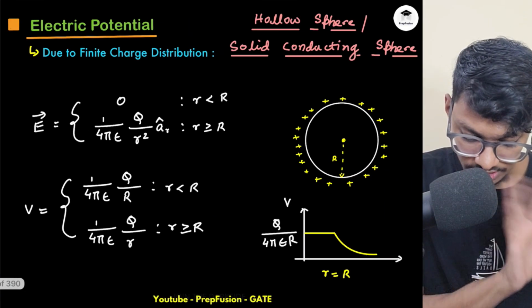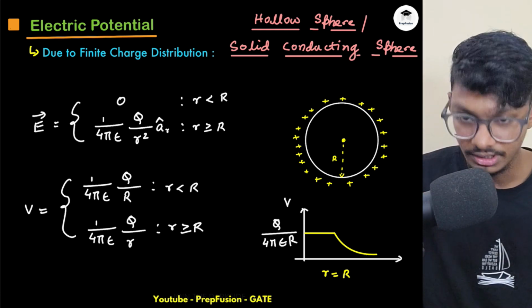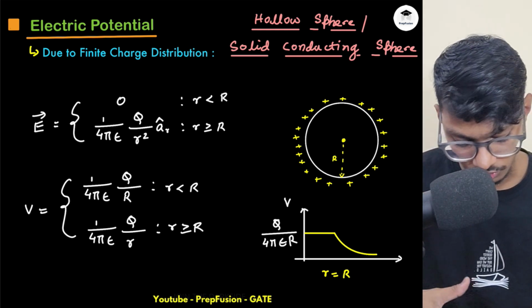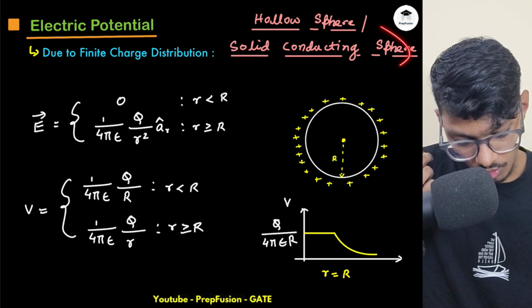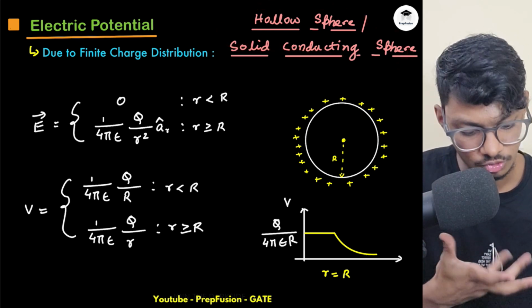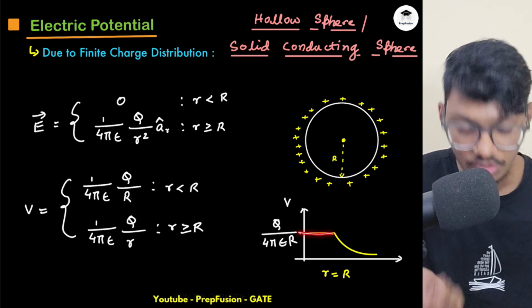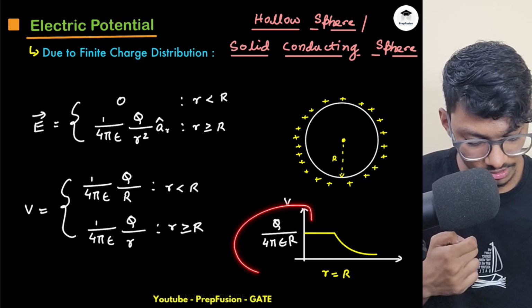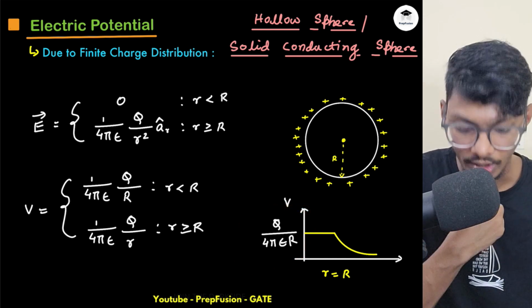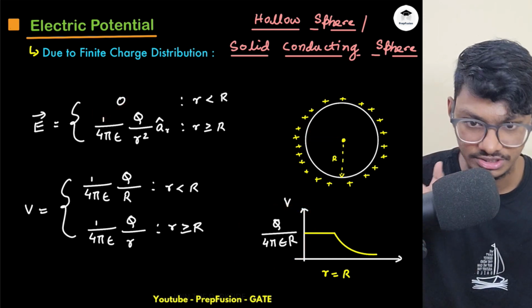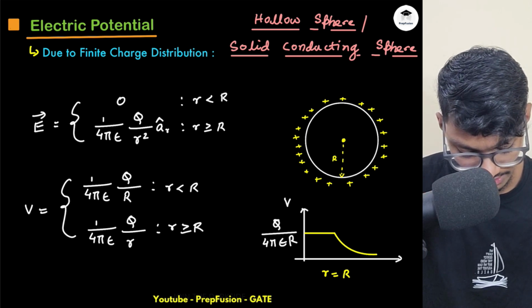Now electric potential due to finite charge, I think I have explained this already previously, so just go through this quickly. Due to a hollow or solid conducting sphere, the potential inside will be constant. What will be the potential? It will be q upon 4 pi epsilon r. Why? Because the electric field inside is 0, so the potential will be constant. That is whatever there is at the surface.